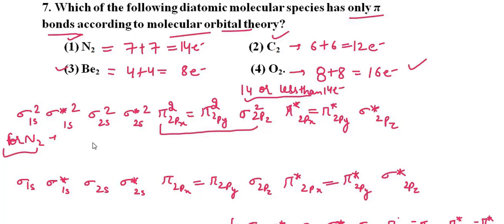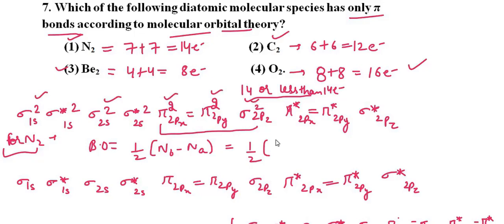See here, when we calculate the bond order, the formula is 1 by 2 of the number of electrons in bonding minus the number of electrons in anti-bonding. So when we calculate this, the number of electrons in bonding is 2, 4, 6, 8, 2, then minus the number of electrons in anti-bonding, which is 4. So 6 by 2 means 3.